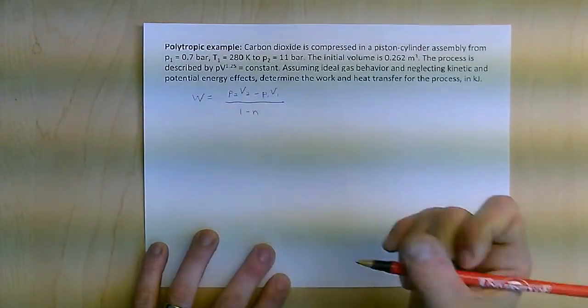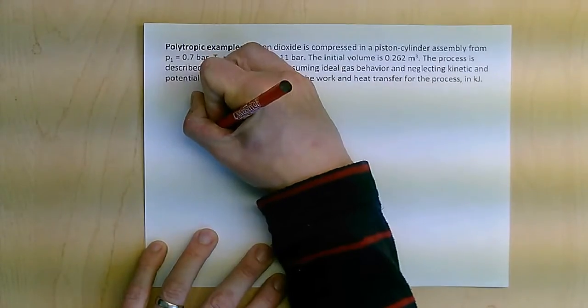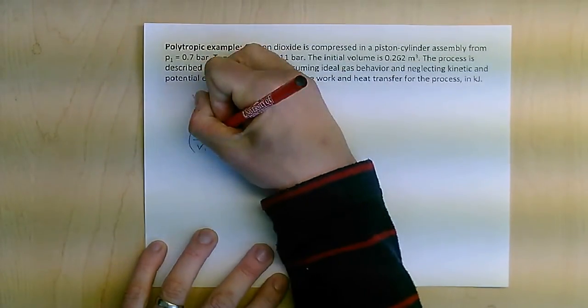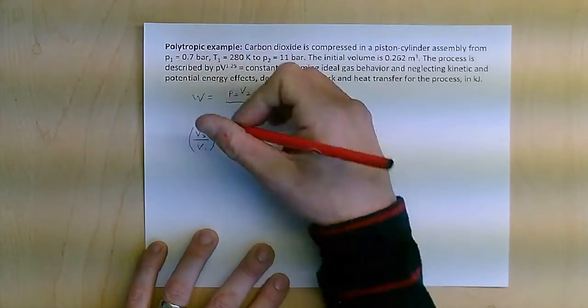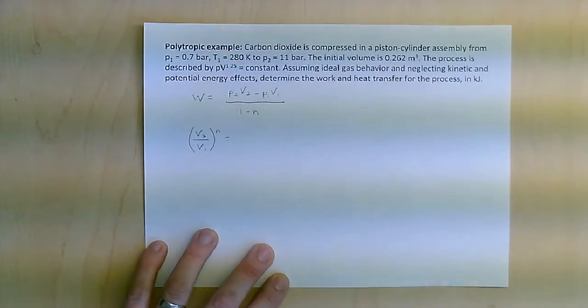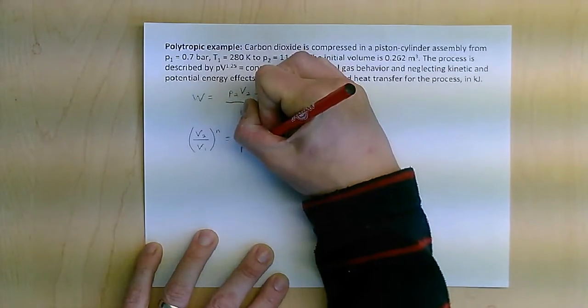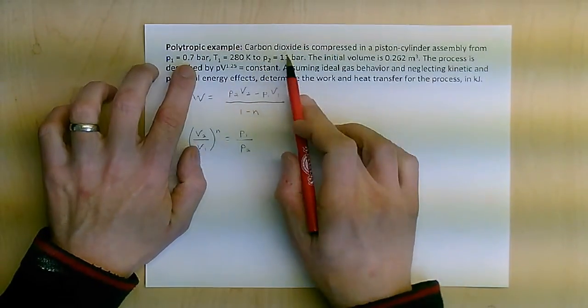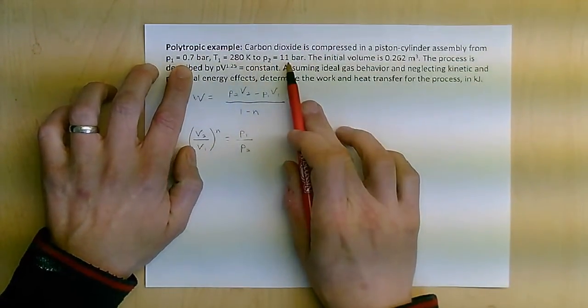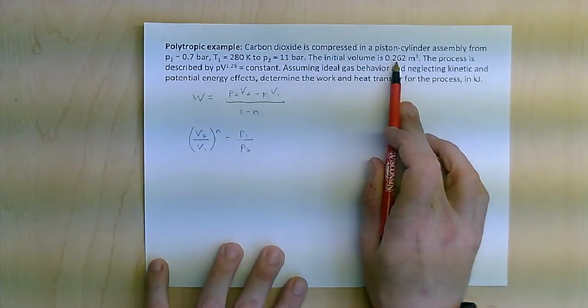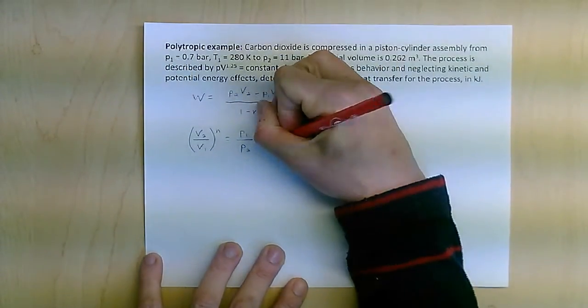Now, because it's a polytropic process, I know (V2 over V1) to the n power is equal to P1 over P2, right? And again, I know P1 and P2, and I know V1, and I know n.